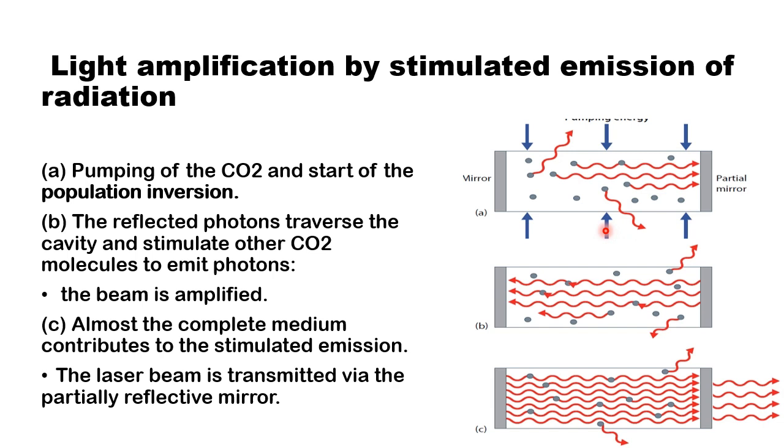And the beam is amplified by reverberating between the two mirrors, and they keep on stimulating other atoms to emit photons, and finally some of these photons will be released from one of the mirrors at the end in the form of a beam of laser.